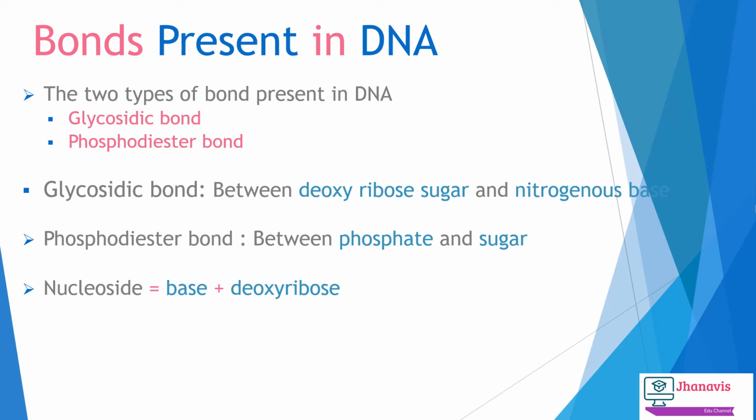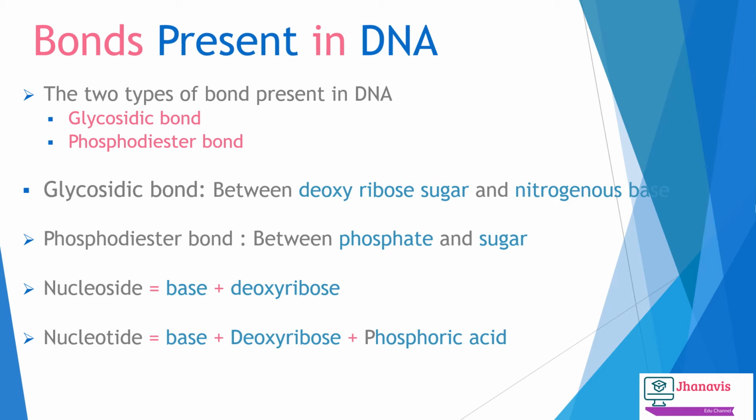Whereas a nucleotide is base plus deoxyribose plus a phosphate group, which is attached to the base and the sugar. Hence, we call it a nucleotide. They may ask this in certain papers also, so be clear with the nucleoside and the nucleotide.